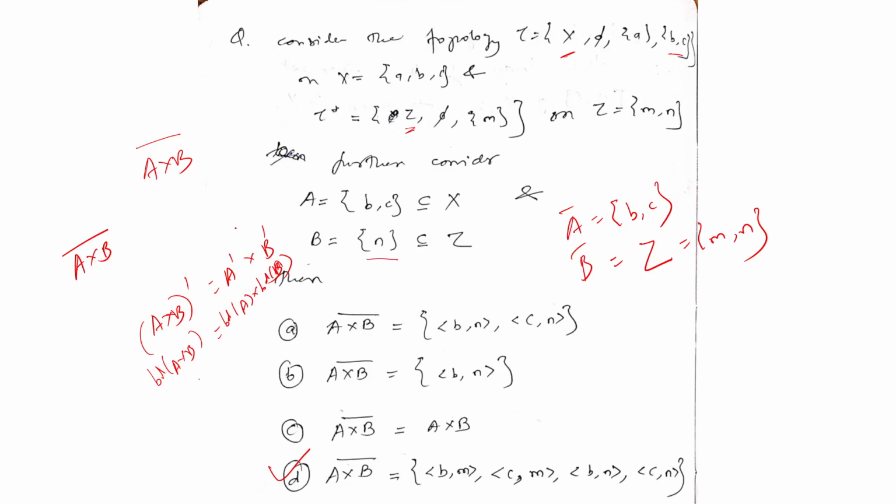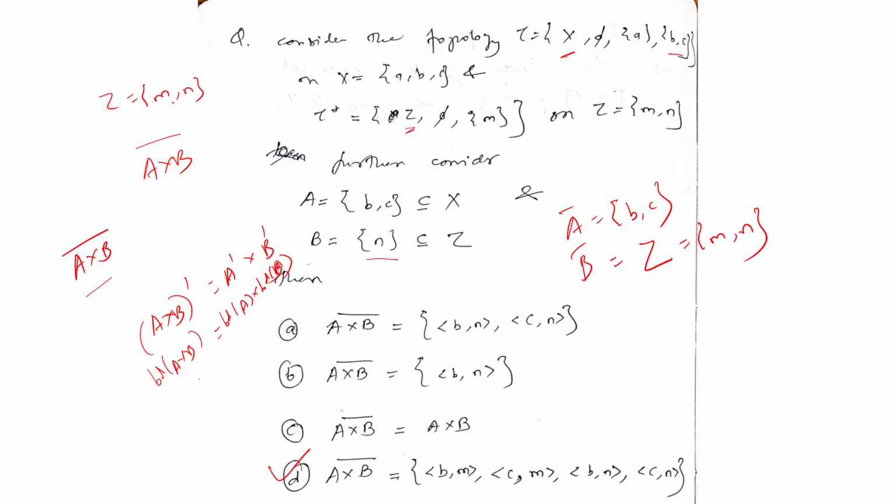You got the counterexample for this discussion: A cross B closure is not equal to A closure cross B closure. So you can tell me the set, the example that you got. The set is the same, only Z changes.